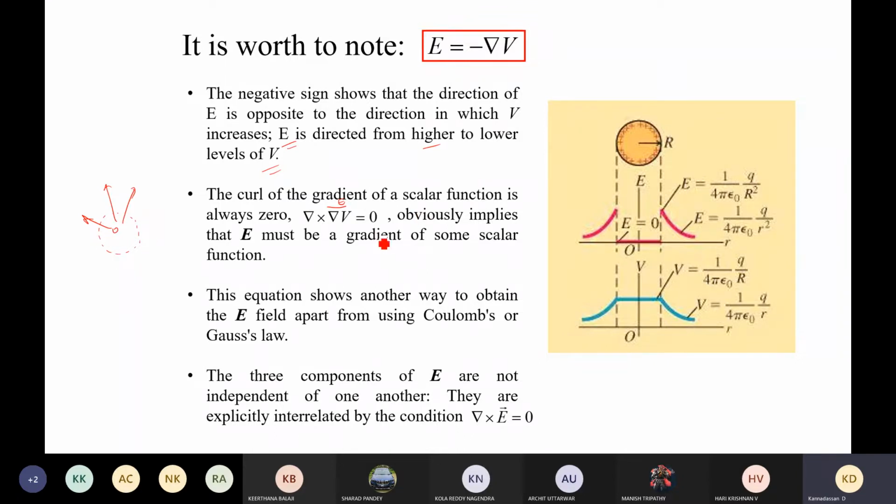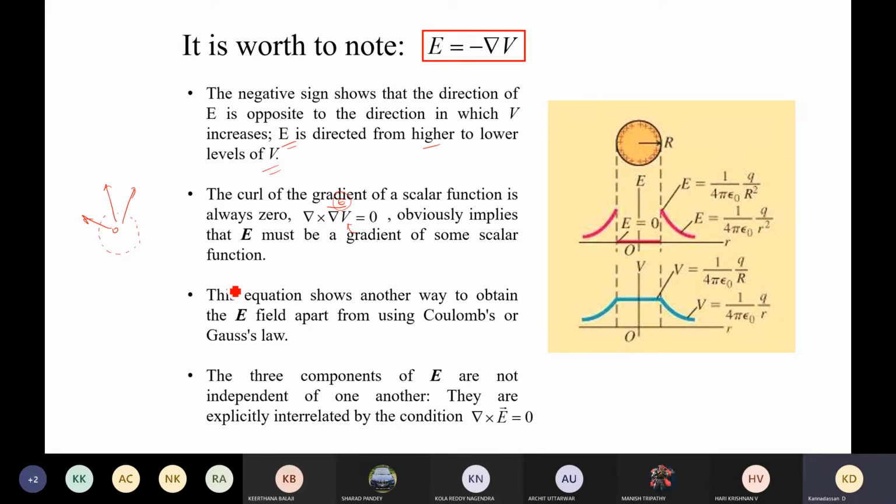So this clearly tells that this electric field is induced by a scalar quantity. So del cross gradient of any particular scalar quantity will clearly tell about the behavior of both the scalar as well as the resulting vector itself.